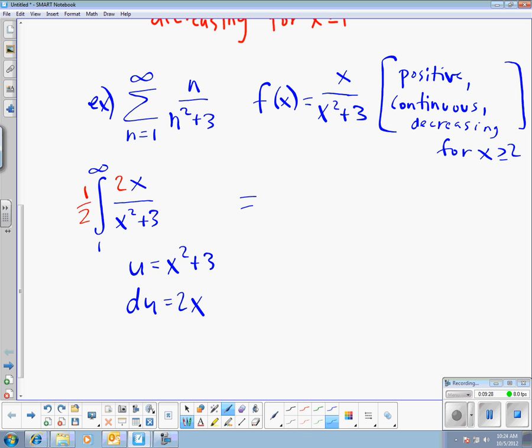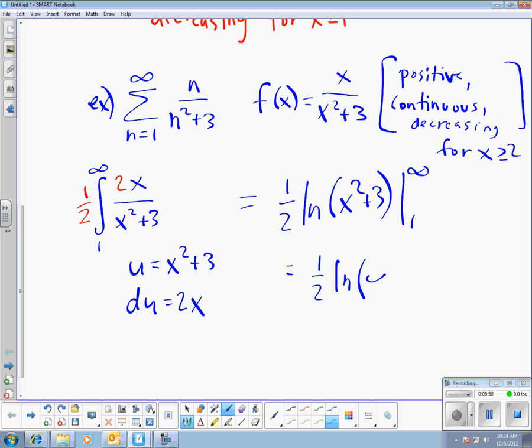So then my integral is going to be a half of natural log of x squared plus 3. Parentheses instead of absolute values because x squared plus 3 is always positive. And I'm going to evaluate this at infinity and at 1. So I get half of natural log of infinity minus half of natural log of 4.